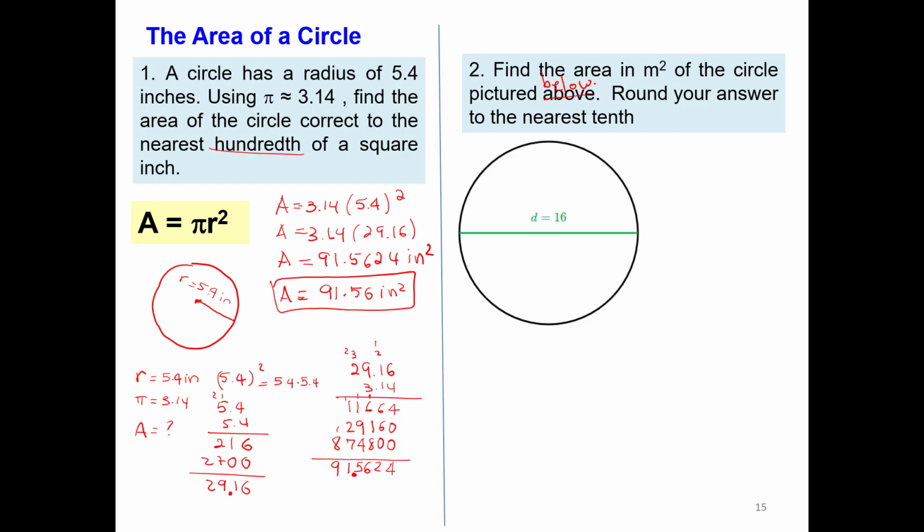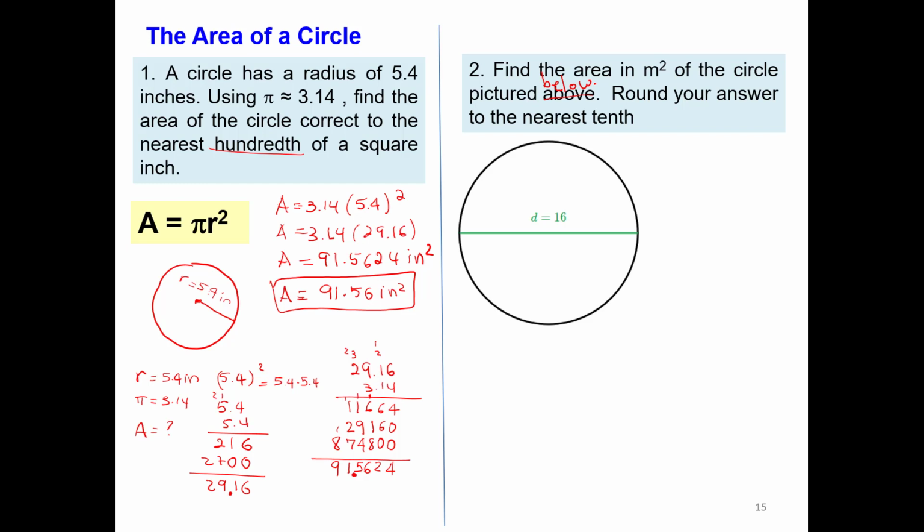The equation we need to apply to solve the problem is area equals pi r squared. We need to know the value of the radius in order to apply this equation. But what we know from this picture is the value of the diameter.